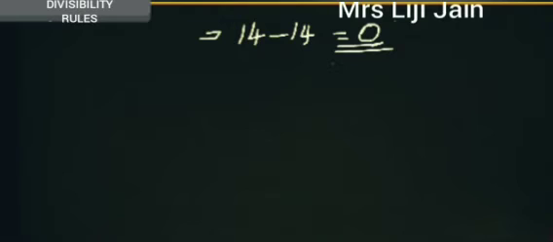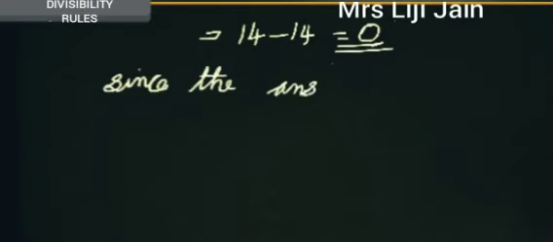So since the answer is 0 here, if it is 0 or divisible by 7, we can say that the given number is also divisible by 7.